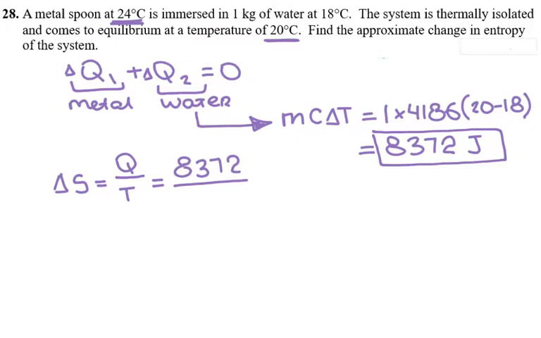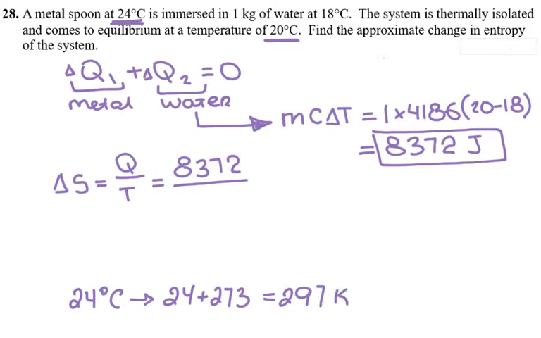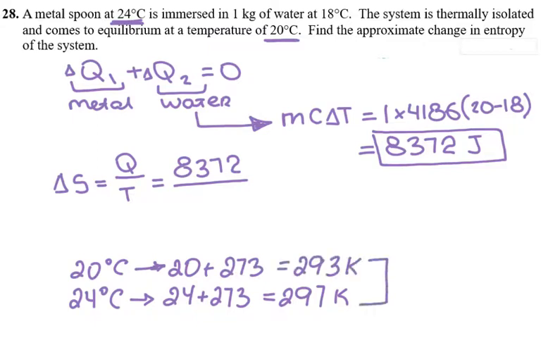So I have to convert each into Kelvin. 24 degrees Celsius is 24 plus 273, that's 297 Kelvin. And 20 degrees Celsius in Kelvin is 20 plus 273, which gives me 293 Kelvin. And the average between those two is going to be 295 Kelvin.